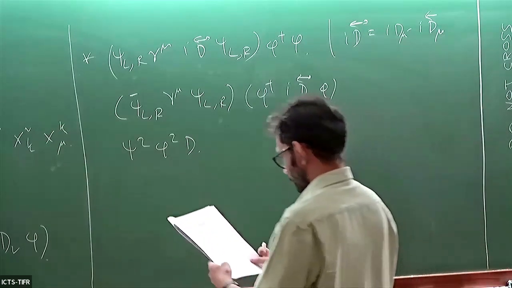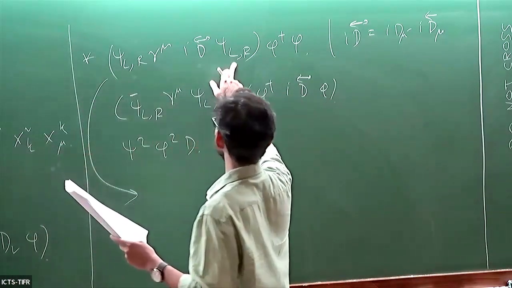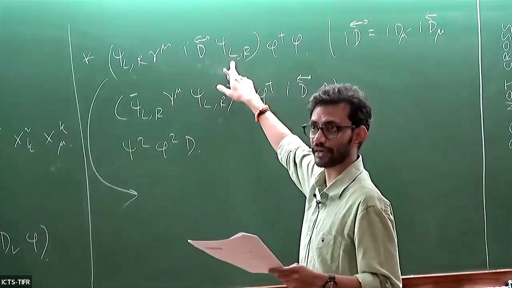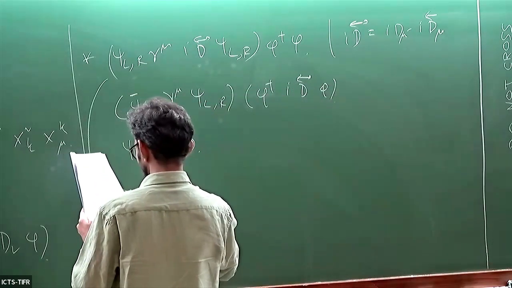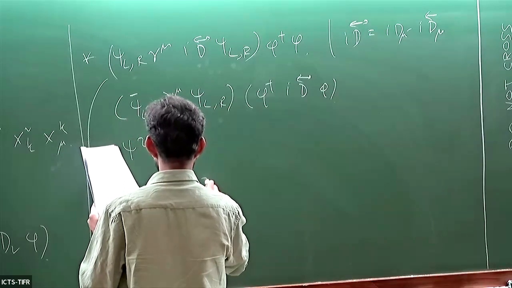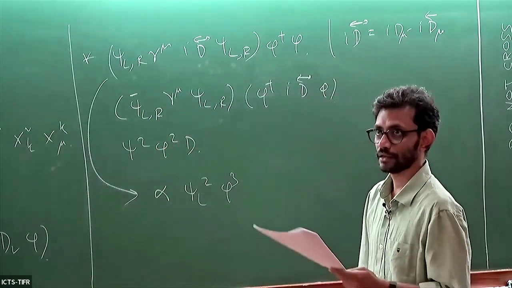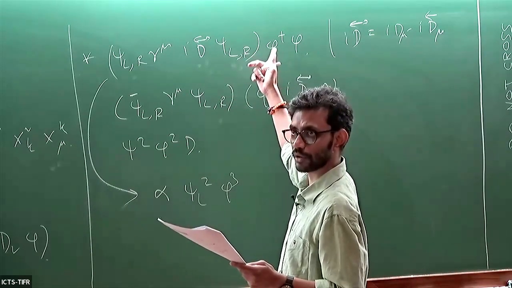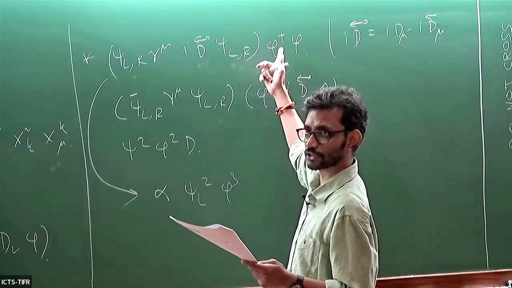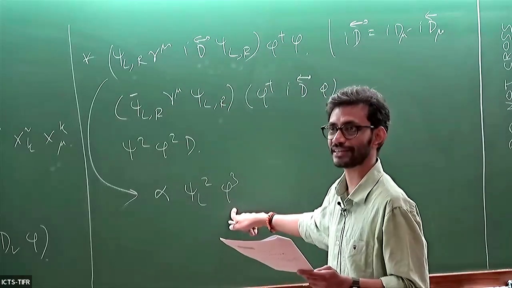How? For example, if you use this one, and you invoke the equation of motion of the fermion, you will generate operators of the order of ψ_L^2 φ^3. Because Dψ will give you a ψ and a φ from the Yukawa equation of motion. So this will belong to the class ψ_L^2 φ^3.